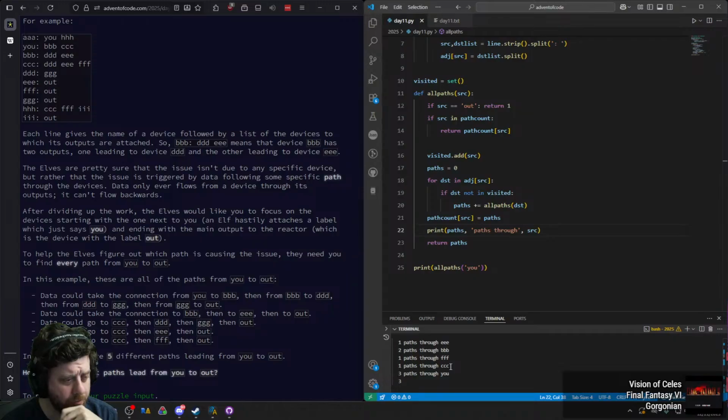Why one path through CCC? Should have been 3 paths through CCC: D, E, and F.